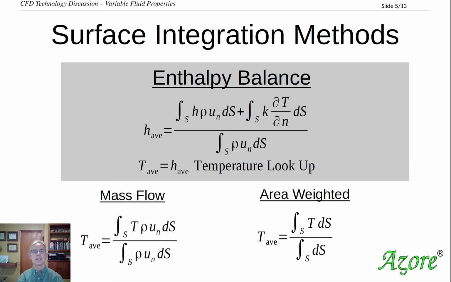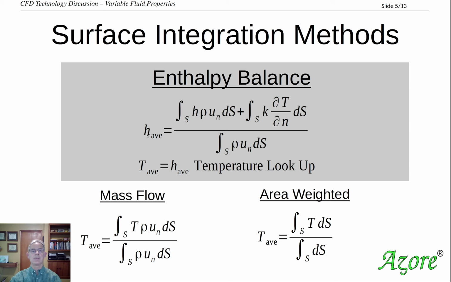One of them is an enthalpy balanced surface integral where you would expect the values to really honor what you would expect from a conservation of energy standpoint here. The way this method works is you would start by integrating the energy flux through a surface. Once you have that energy flux, you would divide it by the system mass flow.